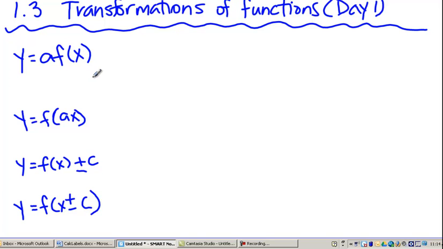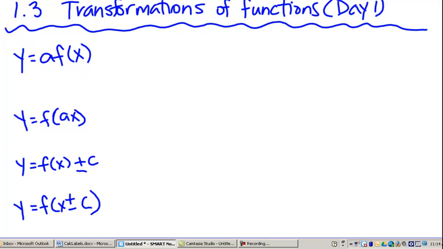Argument is like your independent variable. Notice, our constant is outside the argument. When it is outside the argument, it affects your range, or your y values. So this example affects our range.